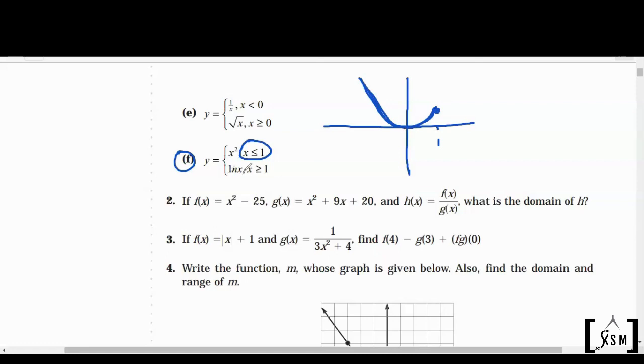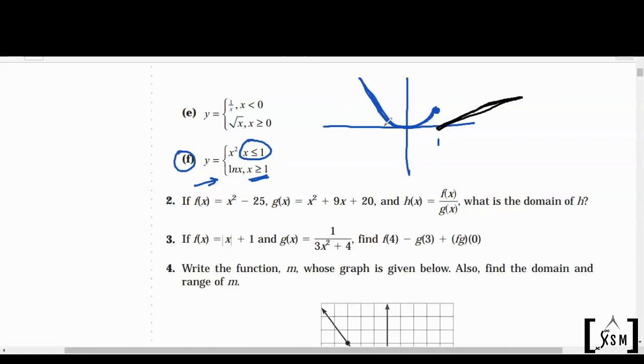Okay. And then the second part of the function is a ln x graph. So ln x graph looks like this. I hope you remember it cuts the x-axis at 1. And this graph is defined only for greater than or equal to 1, not for less than 1. Right?